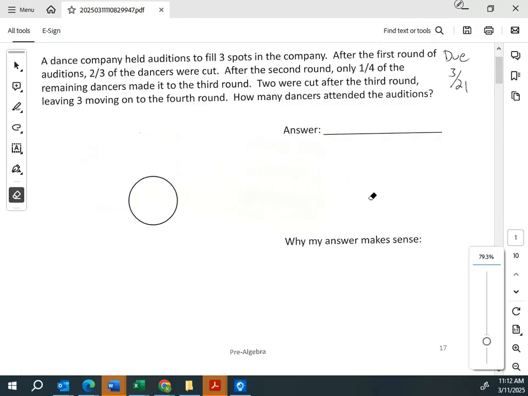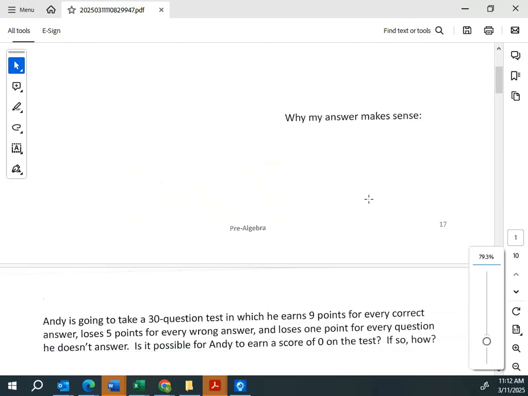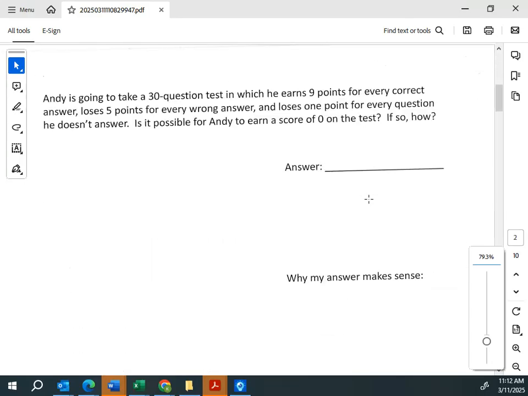Our second page word problem, let me scroll up to that one. Andy is going to, oh, this is the tricky one. Andy's going to take a 30-question test in which he earns 9 points for every correct answer, loses 5 points for every wrong answer, and loses 1 point for every question he doesn't answer.